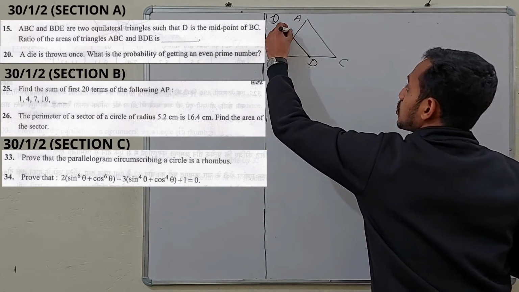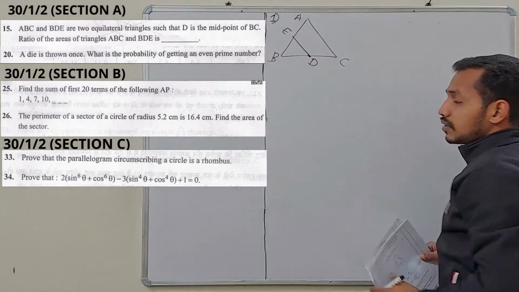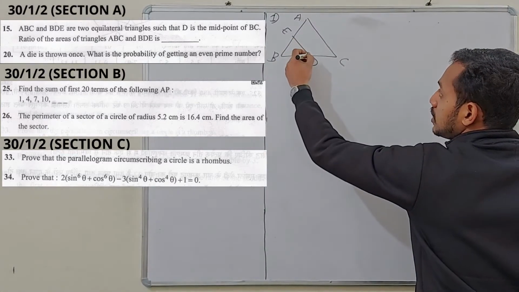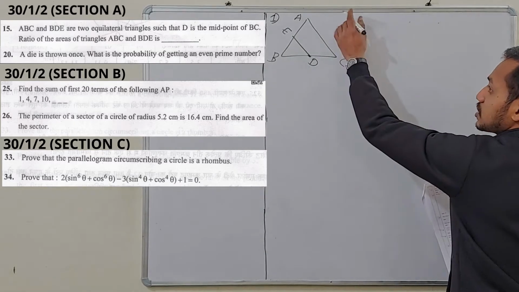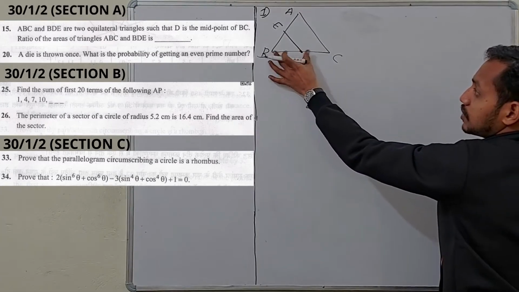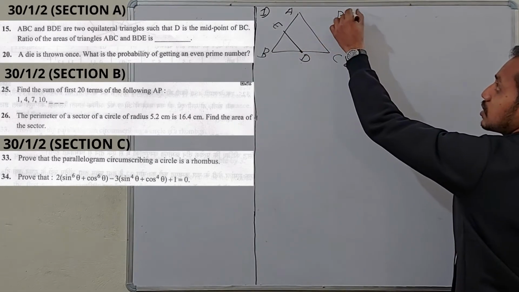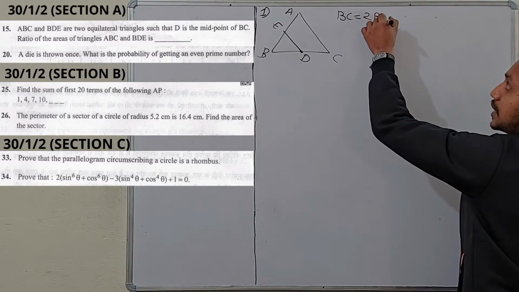As D is the midpoint of BC, we can say that BC is 2 times BD.